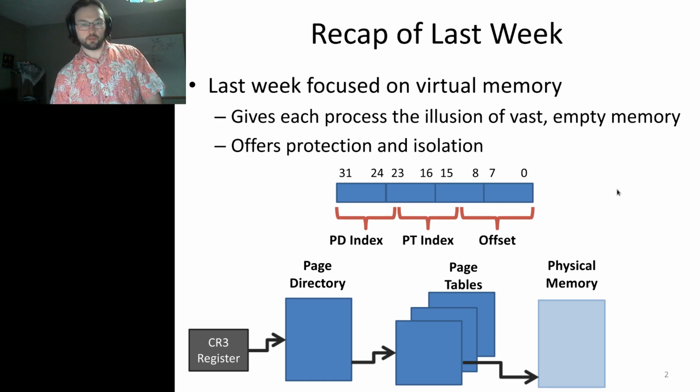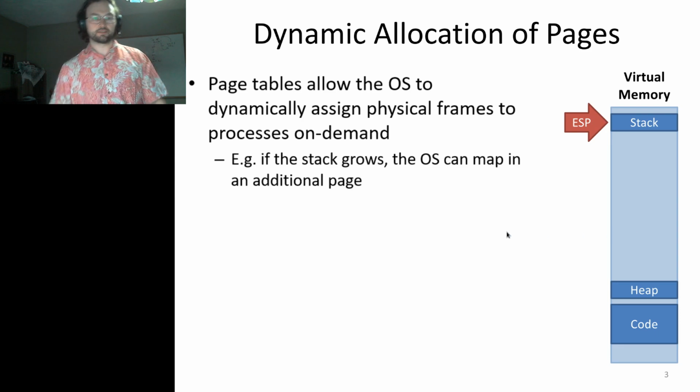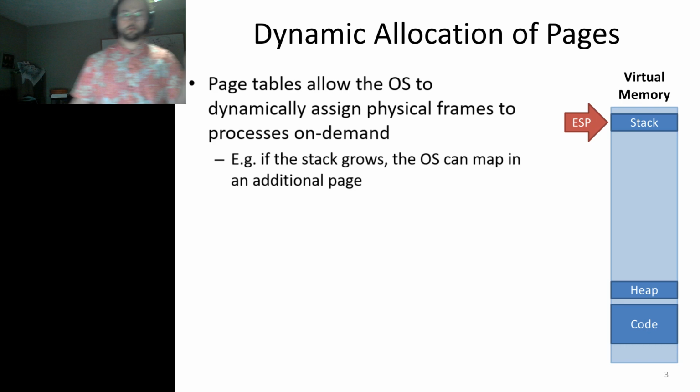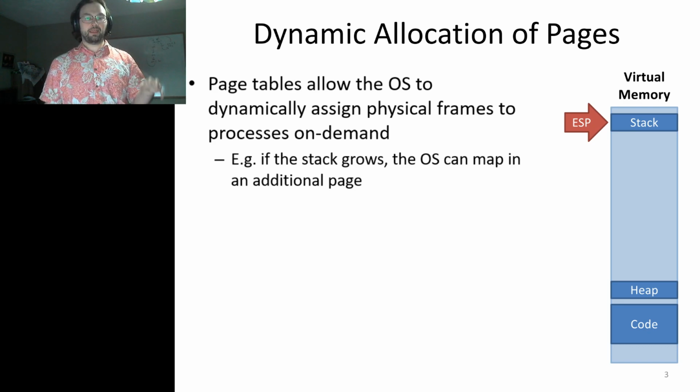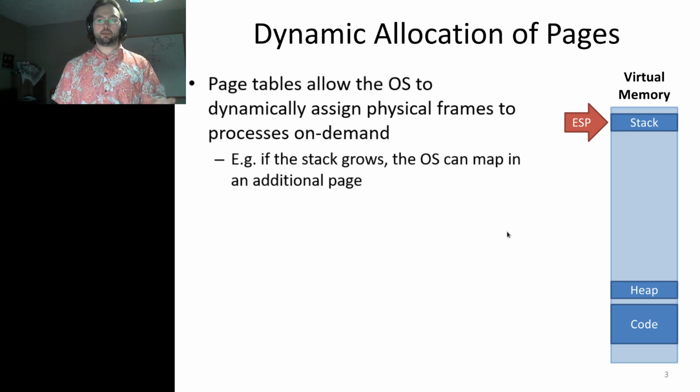But the important thing is that when a user program wants to use memory, and it requests it from the operating system in various ways, whether by using a system call like malloc, or in some cases we can implicitly request memory, like when we grow the stack of the primary thread, the operating system may just automatically allocate additional pages to make space for the stack.